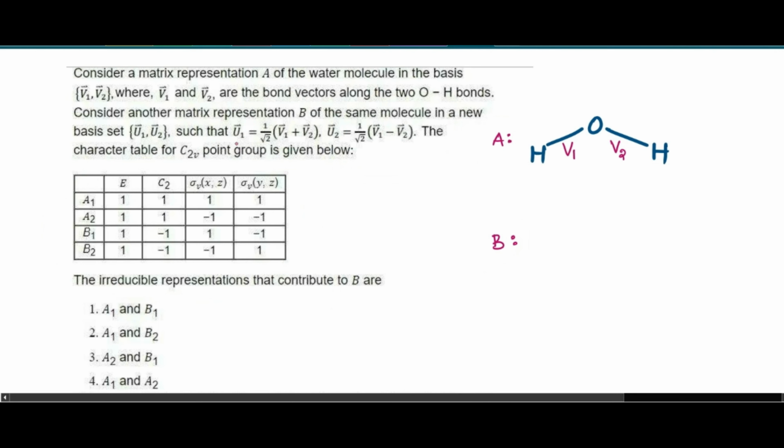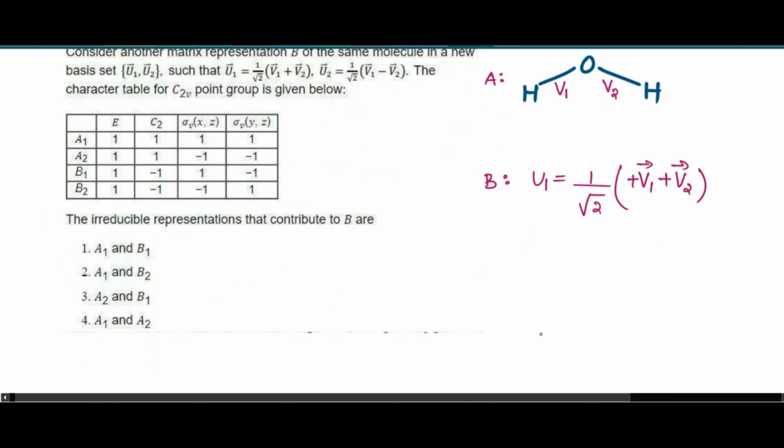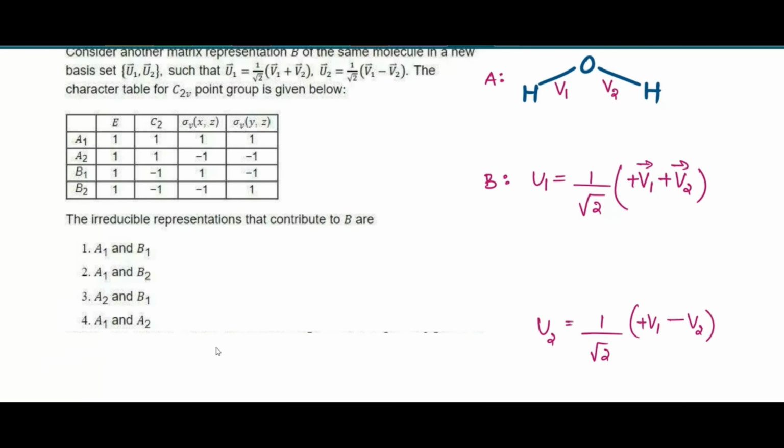For B, 2 notations are given. U1 is 1 by root 2, whatever it is, pay attention, okay, plus V1 plus V2. That is how it is given, both vectors plus. Okay, how is u2 given? It is the first vector plus, the second vector minus. That is how it is given.